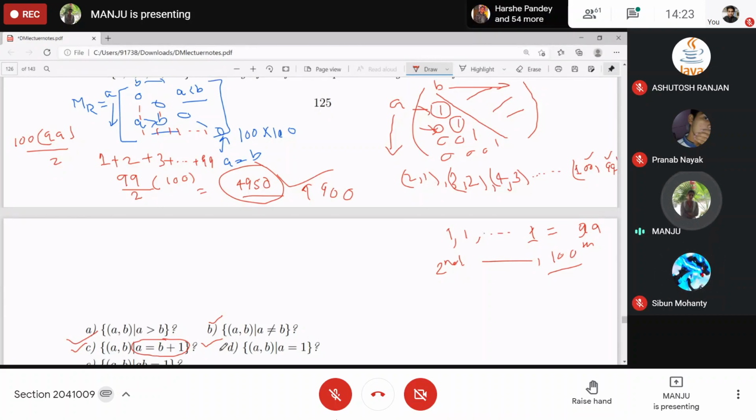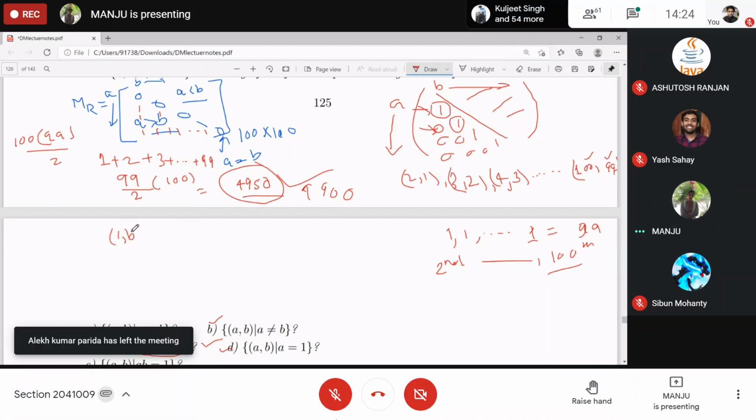What about the D part? A comma B such that A is equal to 1. So let me replace A with 1 only, because the only possibility of A is 1. 1 with B. 1 with 1?